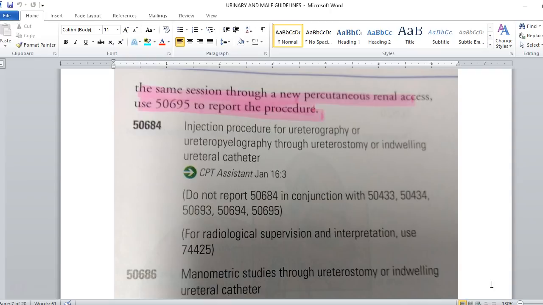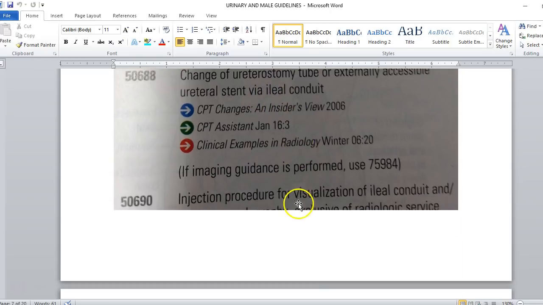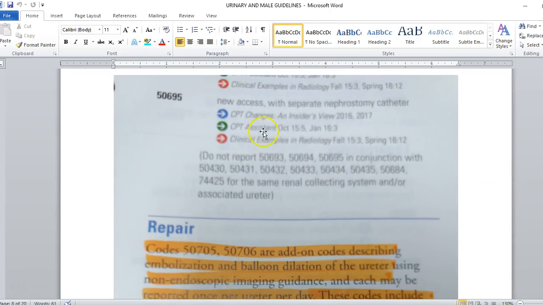We're going to have the changing, the placement, and the placement with the new access. So again, what are we doing for the patient and how are we getting there? Via an ileal conduit, or are we going in through the urinary tract? So again, you can see right here, 50695, new access with separate nephrostomy catheter.